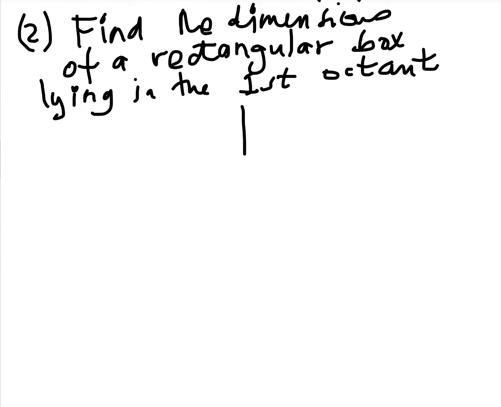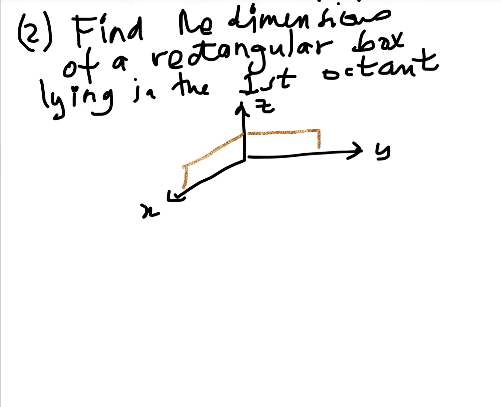Let's sketch this thing. So here's the x-axis, here's the y-axis, and let's draw the z-axis. So this is a rectangular box of this shape. There's the rectangular box in the first octant where x, y, and z are all positive. Find the dimensions of the rectangular box with maximum volume.